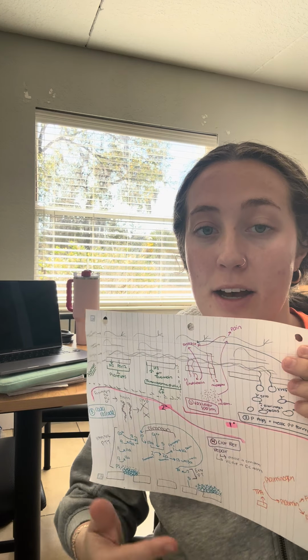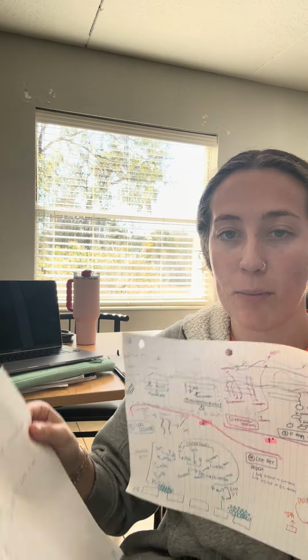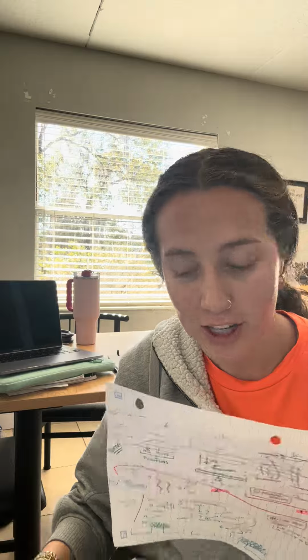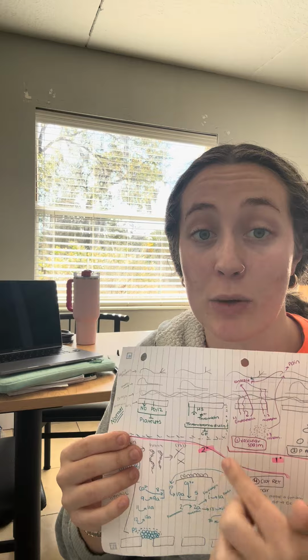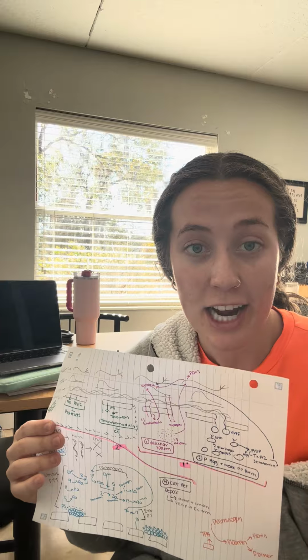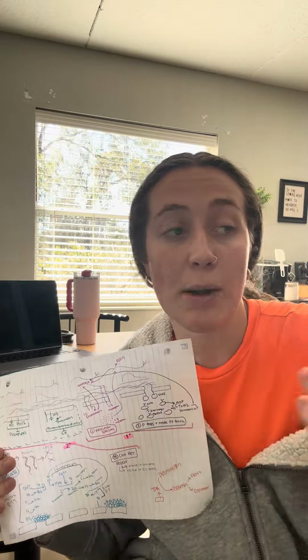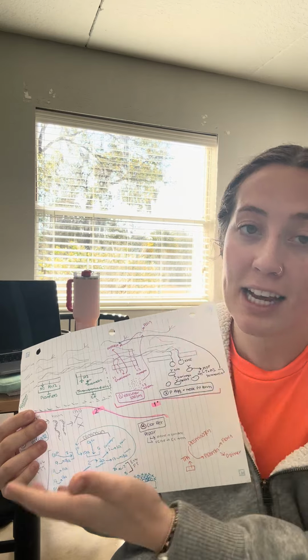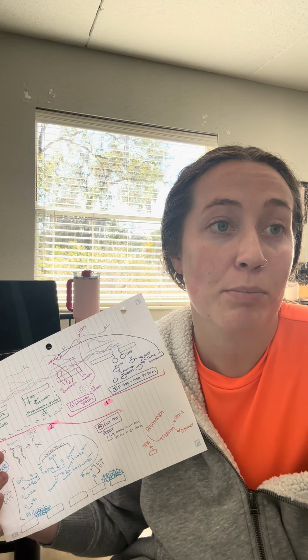So now we will be talking about certain drugs affecting certain pathways or certain areas of this pathway. So I'll probably go back and forth between the certain drug and then the pathway to show directly where it's hitting and what's going to happen because of it hitting that certain area. Because like I said, it can hit primary hemostasis or it can hit secondary hemostasis. And how does it affect platelet count?